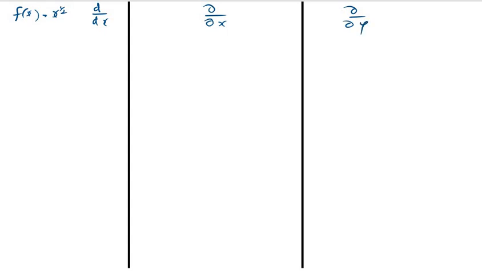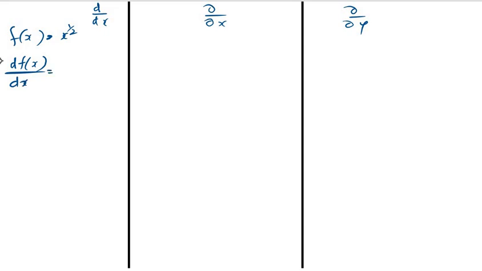So let me erase this to make it a little neater here. So I've written the function again. So we will differentiate this with respect to x. Since it's a single variable function, we can write the differentiation like this.